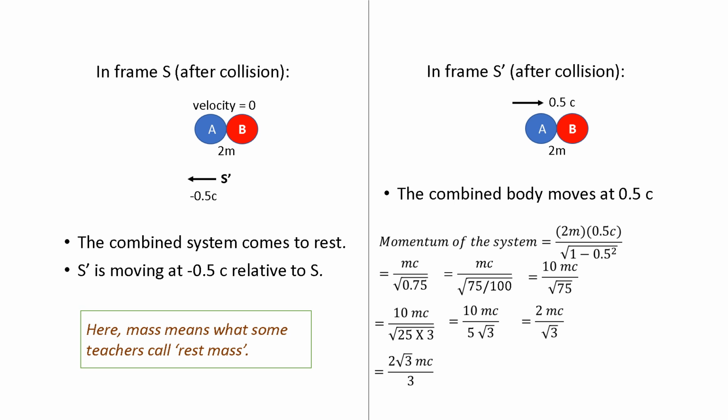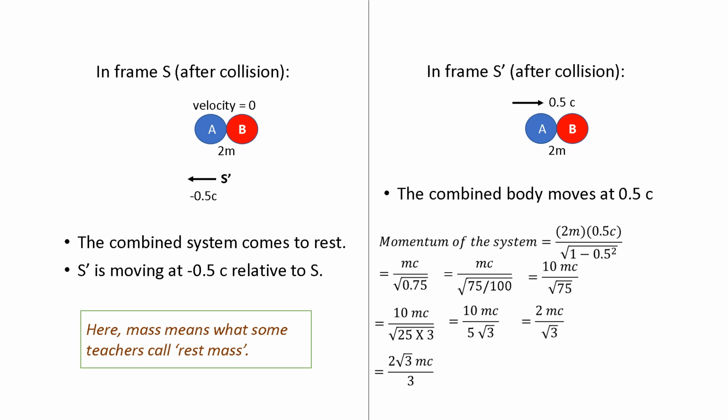Now we calculate the momentum of the system in frame S prime. Use the formula for momentum. We find that the momentum will be 2m into 0.5 c divided by square root of whole of 1 minus 0.5 square. Here we are using 2m because that is the mass of the combined body. Remember that here m is what we call as rest mass in some books.